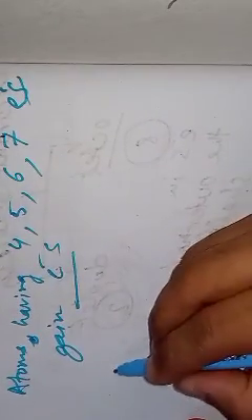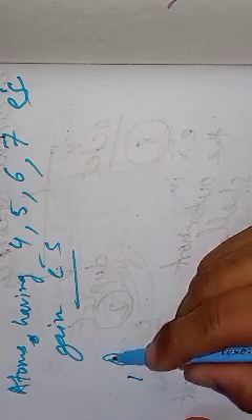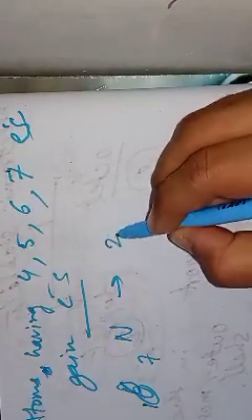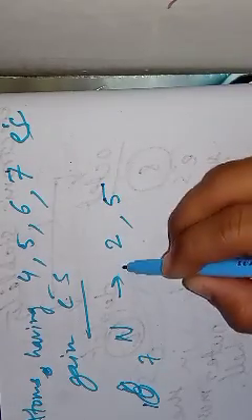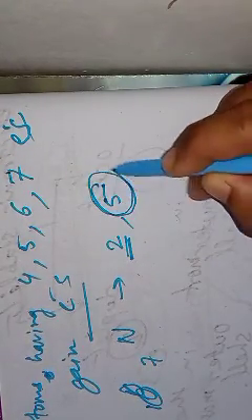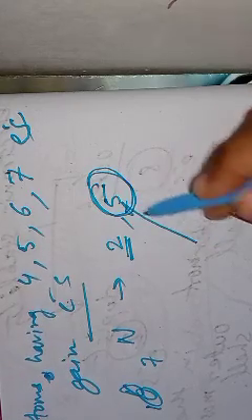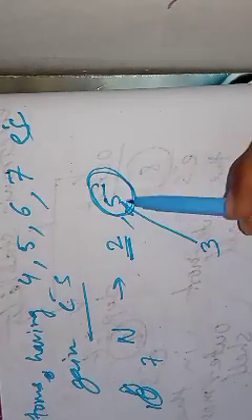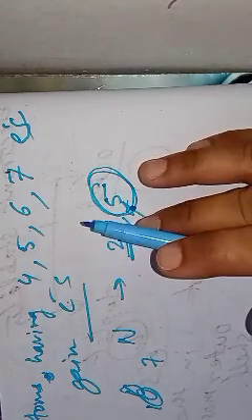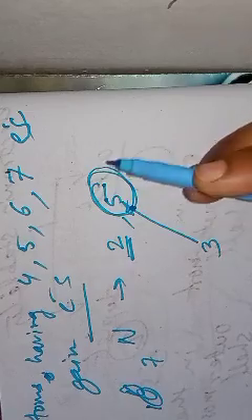So for example, take nitrogen, the atomic number is 7. You write the electronic configuration, 2 and 5. So you can see the second shell needs 3 electrons to become octet. Why? Because it has more than 3 electrons in the outermost shell. Any atom having more than 3 electrons in the outermost shell will gain electrons. So nitrogen will gain 3 electrons and become octet.